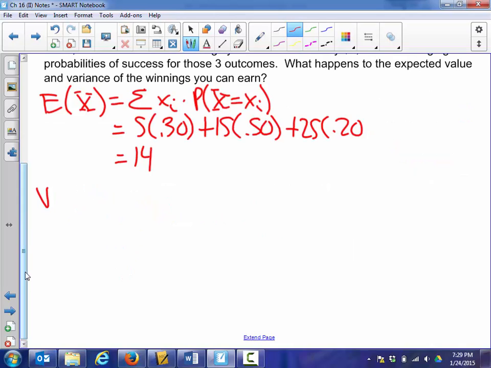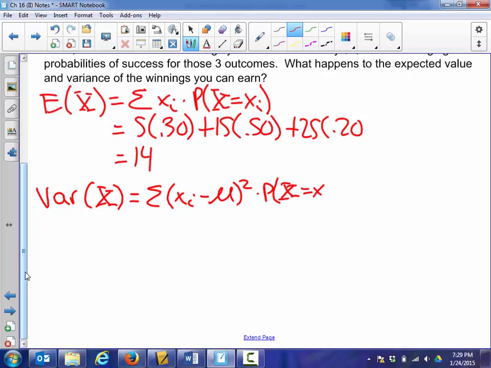Now on to the variance of this random variable. That's equal to a sum of products similar to the expected value: x sub i minus the mean, mu, squared, times the probability that the random variable x takes on that individual value.